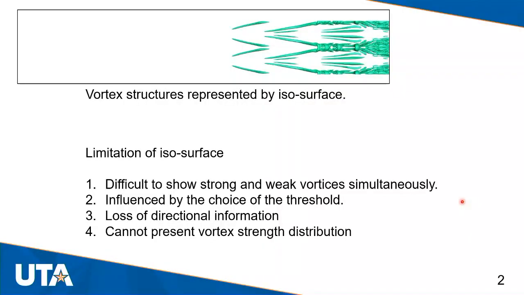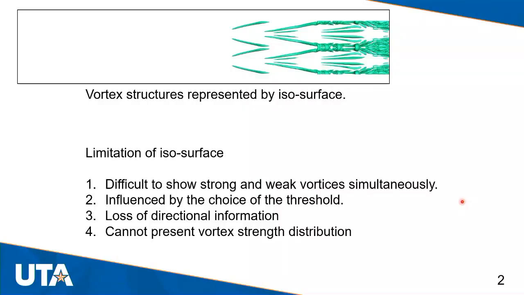So on the screen I show you a figure of a Liutex isosurface, and what is the limitation of an isosurface? Well, from an isosurface, usually it's difficult to show strong and weak vortices simultaneously.